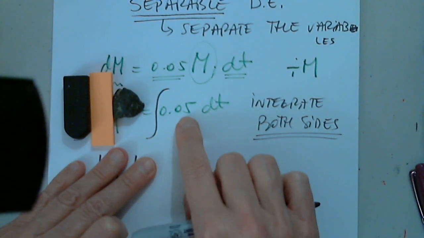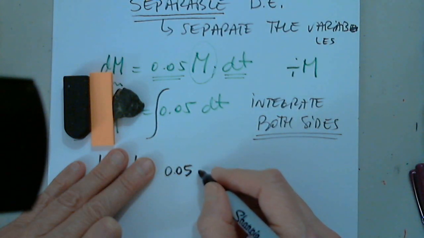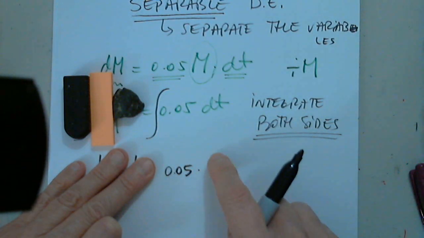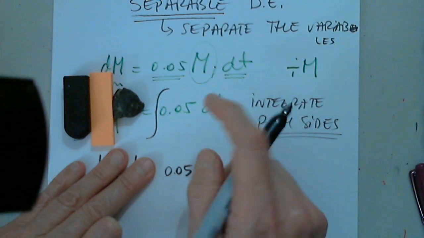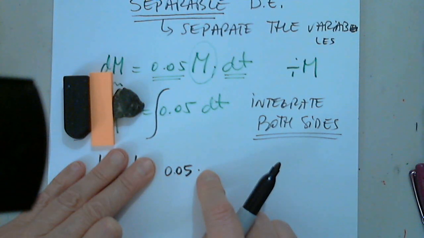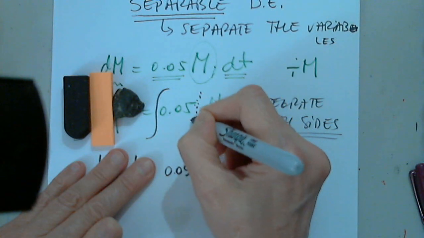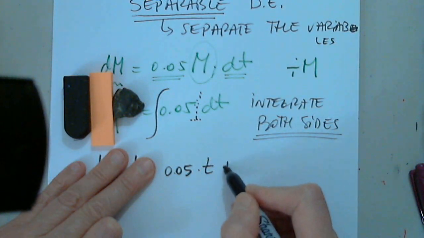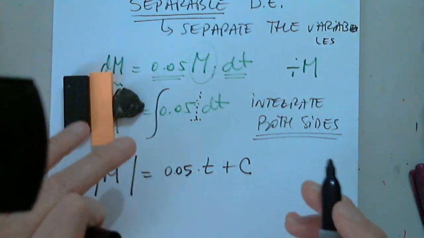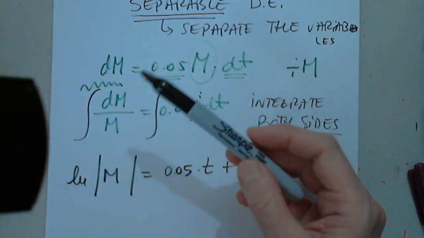Which function prime is this? It's 0.05 t squared over 2. But t squared over 2, when I differentiate, I have a t, but there is no t here. Which function prime is 1? T. T, plus a constant c. From this moment on, it's algebra. Okay, we have to solve for m.